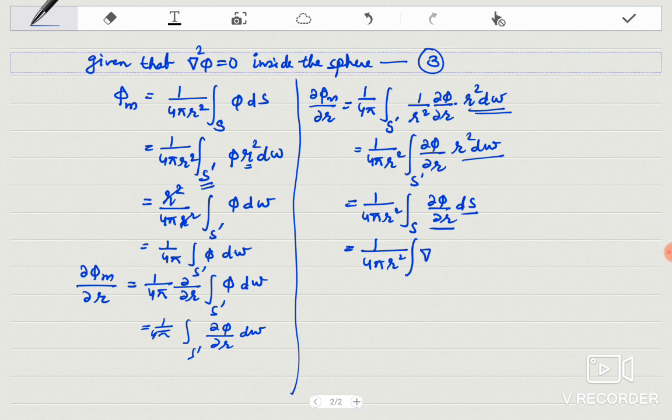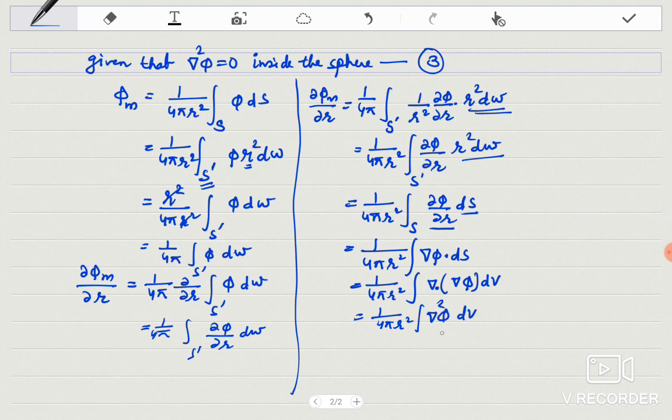It is in actual ∇φ · dS, which may again be written as 1/4πr² ∫ of ∇·(∇φ) dV by Gauss divergence theorem. I'll put dot here because now it is a vector. So 1/4πr² ∫ ∇²φ dV.